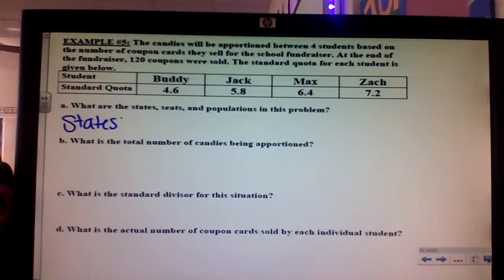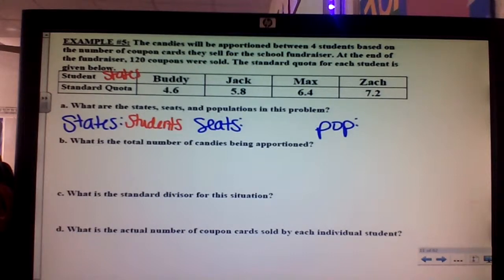States, seats, population. Exactly. Okay, in this problem, who is getting? The students. Remember, your states are what's across the top, so your students.